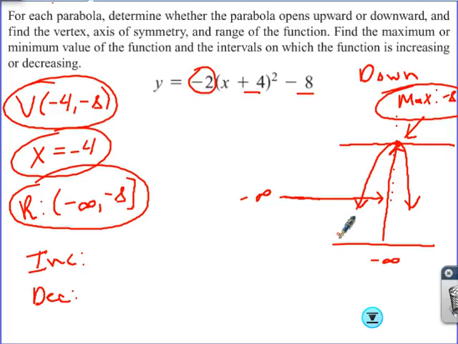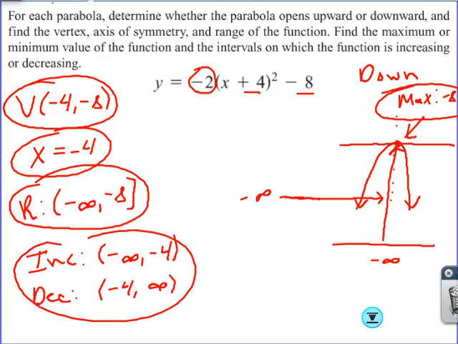But the question is again, what is that x value? It's right there. From negative infinity all the way to negative 4, it increases. If you're checking your answer in the book and it includes negative 4, I don't, because I don't feel like the function is increasing or decreasing at negative 4. Therefore, it starts decreasing at negative 4, and it decreases forever after that.